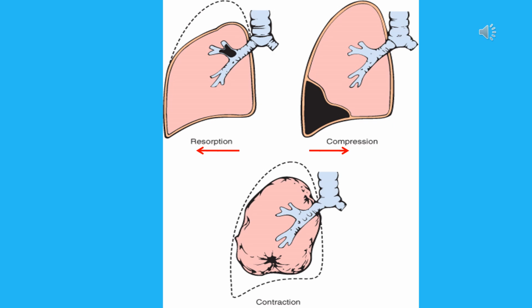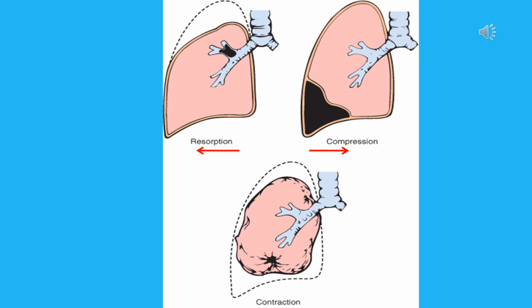Mediastinum shifts away from the affected side. Contraction atelectasis occurs when local or generalized fibrotic changes in the lung or pleura prevent full expansion of the lung tissue.